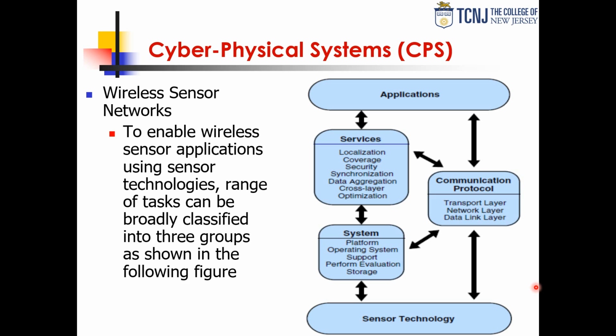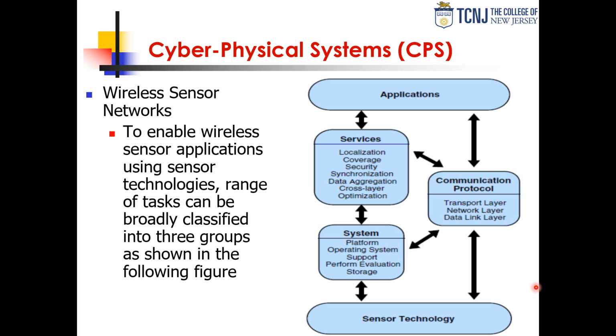So if you look at wireless sensor networks, the application and the technology of the sensor and all the software that is between that sensor technology and the application that eventually makes the smart sensor, all the tasks can be grouped in three camps.